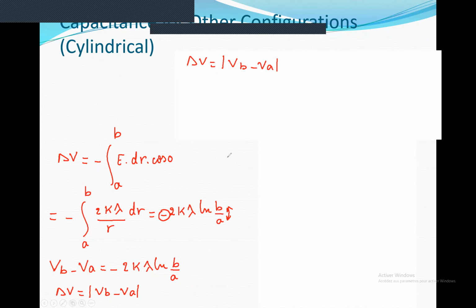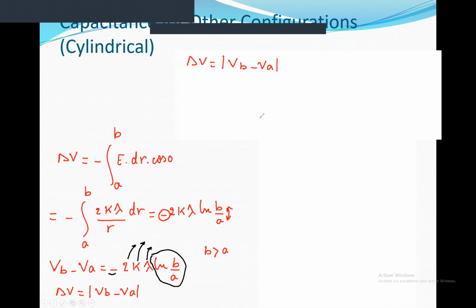Look here, this value is a positive value. Why? Because B is greater than A, so ln B divided by A is positive. This one is positive, lambda and K are positive, and here we have negative.